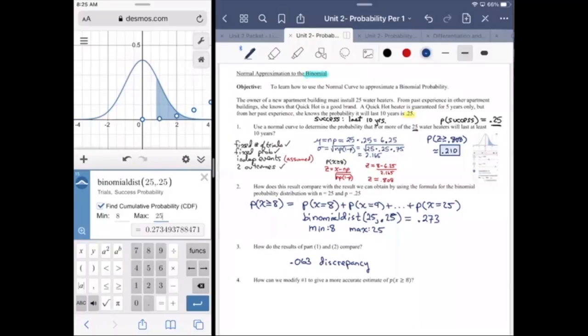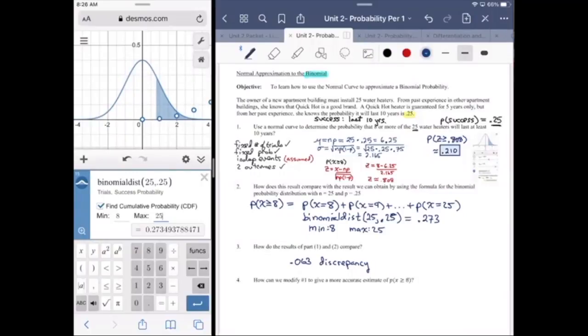We need that shaded region to go just a smidge more to the left. When we established 8 as the x value in number 1, that created a z-score corresponding with the 8. It gave us all the area to the right of that infinitesimally wide vertical line at z equals 0.808.